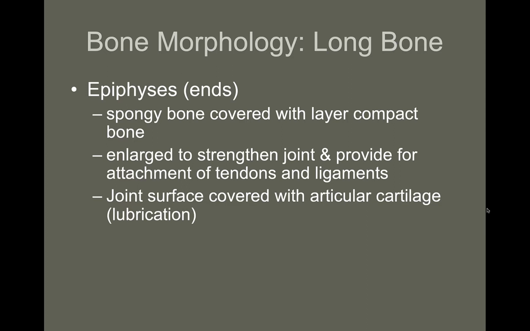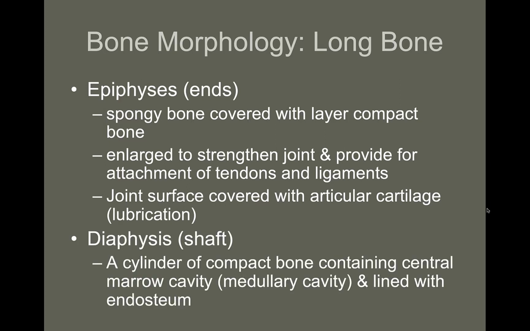We'll look at that here in a little bit. The epiphyses are large, and that allows really strong joints, and it allows really good attachment points for tendons and ligaments to help hold those joints together. And then we'll see that the joint surface is covered with articular cartilage, or hyaline cartilage.